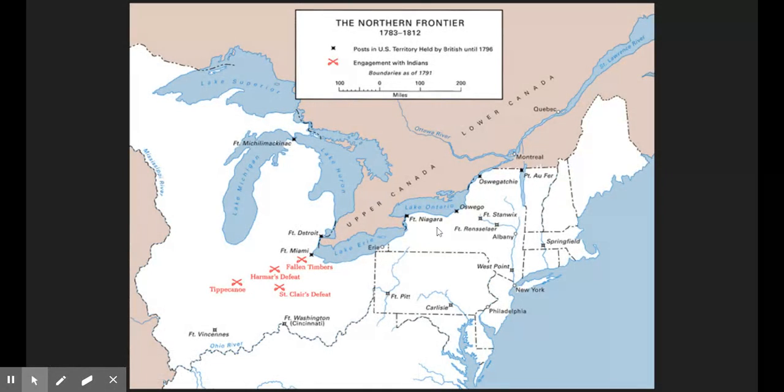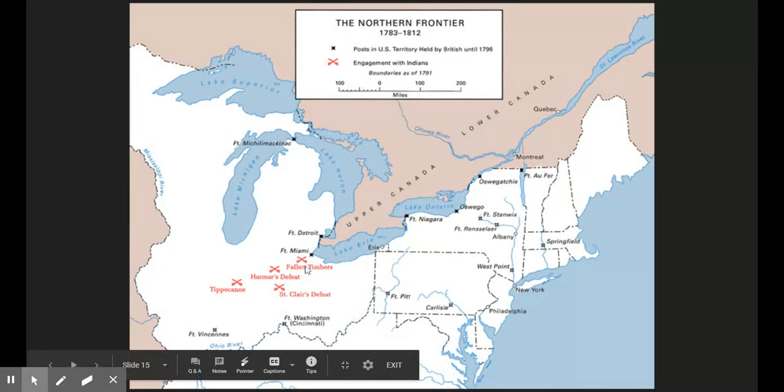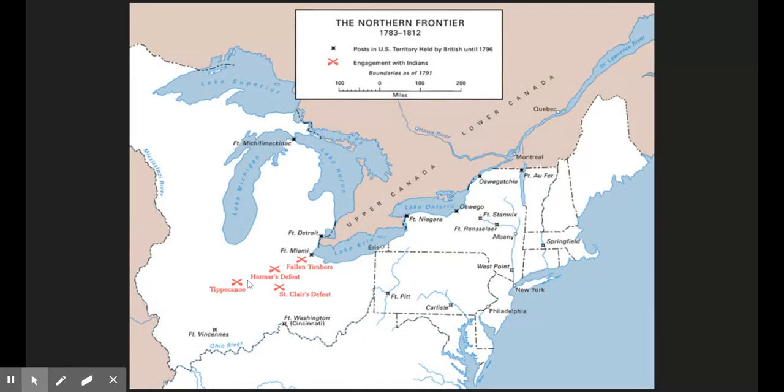And as you can see, we have British forts, British installments on U.S. territory, and they are aiding these native tribes in combat and skirmishes and conflict against American settlers on the frontier. Obviously, this was originally native land that white settlers are moving into and setting up camp.